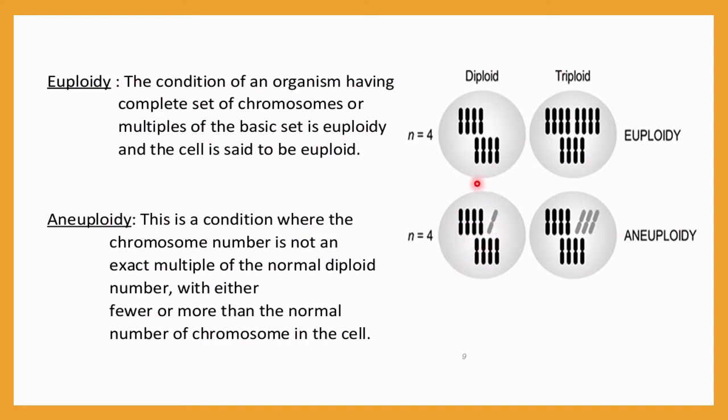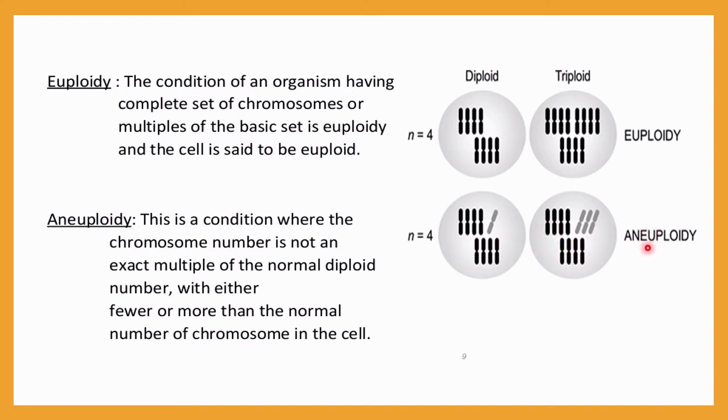Here you can see 2n and 3n, but in aneuploidy you cannot say that, because not all chromosomes have extra copies. One or two may have extra copies. In euploidy, 4 into 4 gives 8, and then 12. But here maybe 8 becomes 9, or maybe 11.